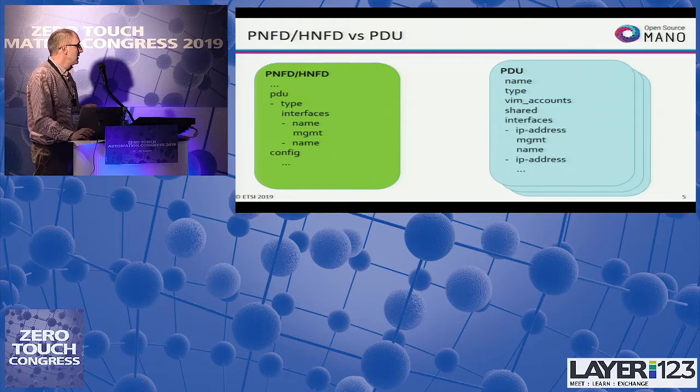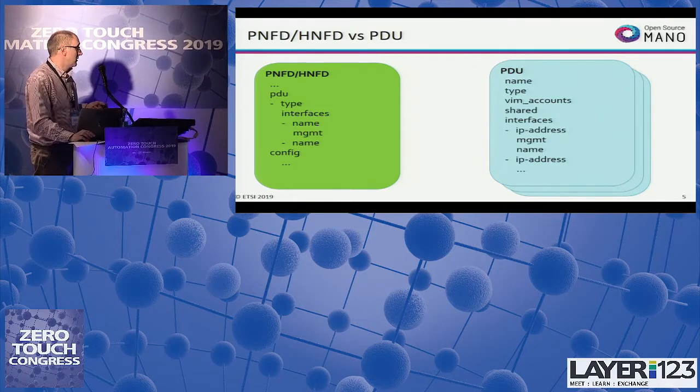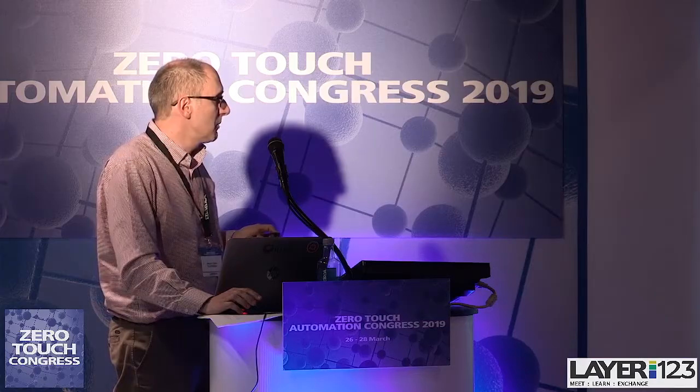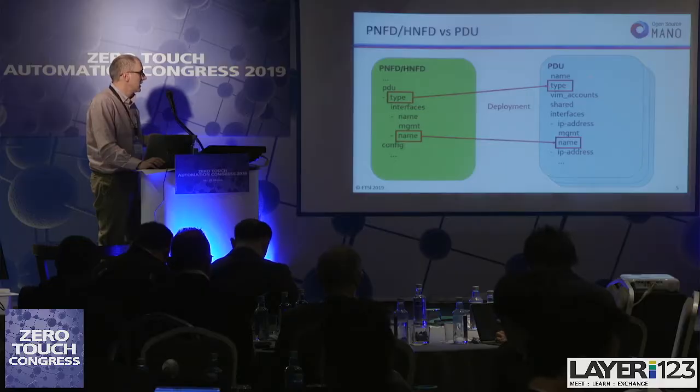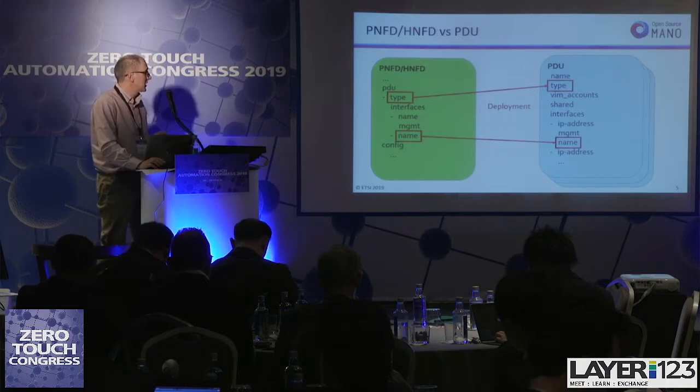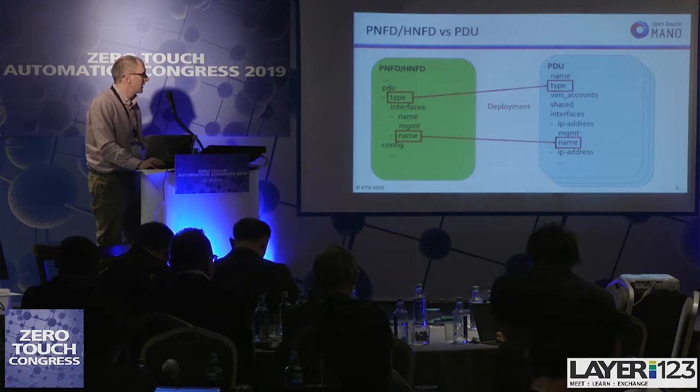At deployment time, there is a pool of physical deployment units of the same type, and OSM chooses one concrete unit based on this type and also matching the interfaces. All the interfaces declared in the descriptor need to match the physical deployment unit. The unit can have more interfaces not used by the descriptor, but at least all the interfaces in the descriptor need to be there.